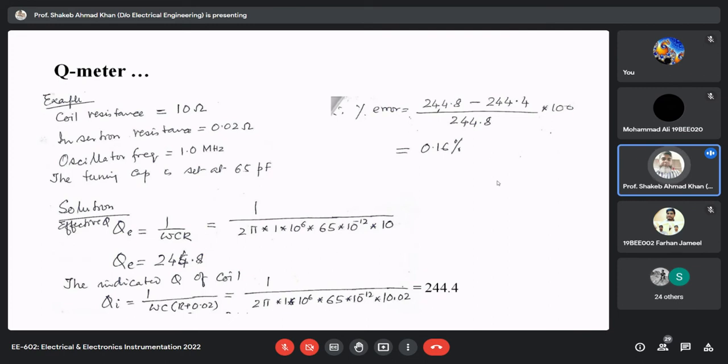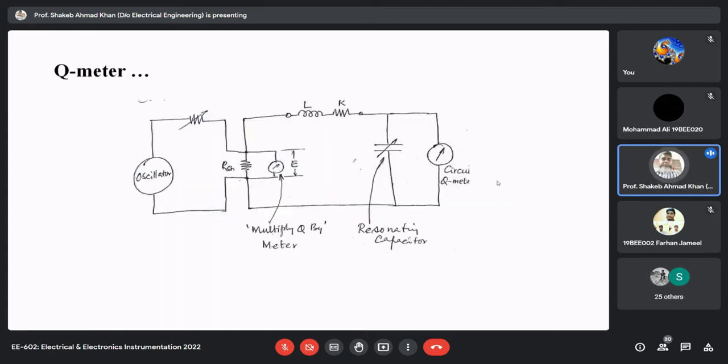So this is one of the potential causes of error in a Q meter: the oscillator's internal resistance. To take care of that, the circuit is modified like this.